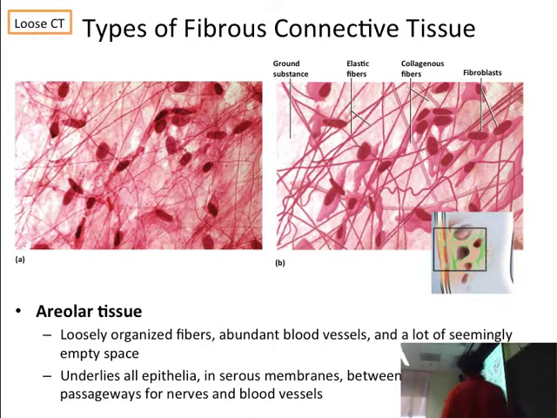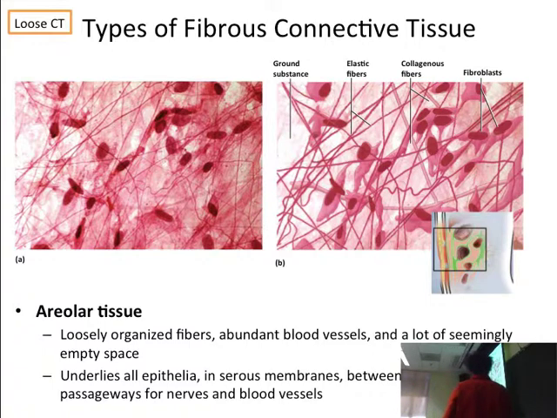Moving on to the loose connective tissue. We've talked about areolar tissue already. It's very loosely packed. All right, it's not dense. There's a lot of seemingly empty space filled with this ground substance, with the glycosaminoglycans, with the proteoglycans, etc. So this is underneath all epithelia.